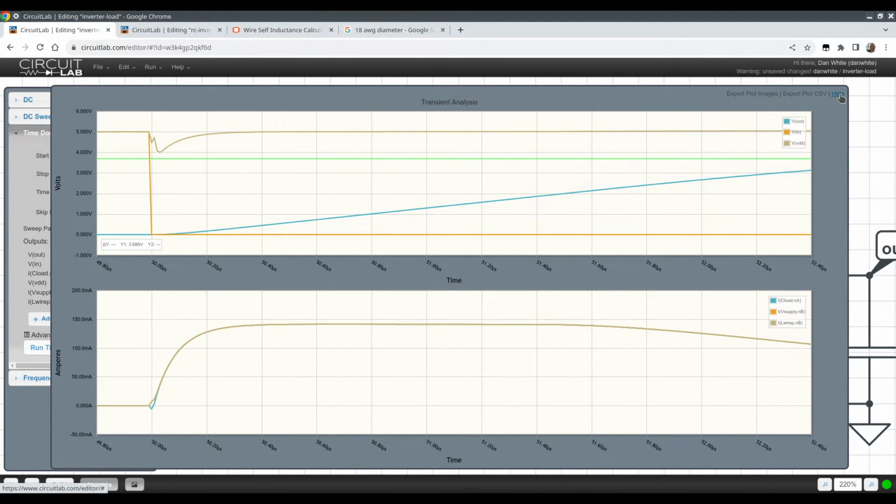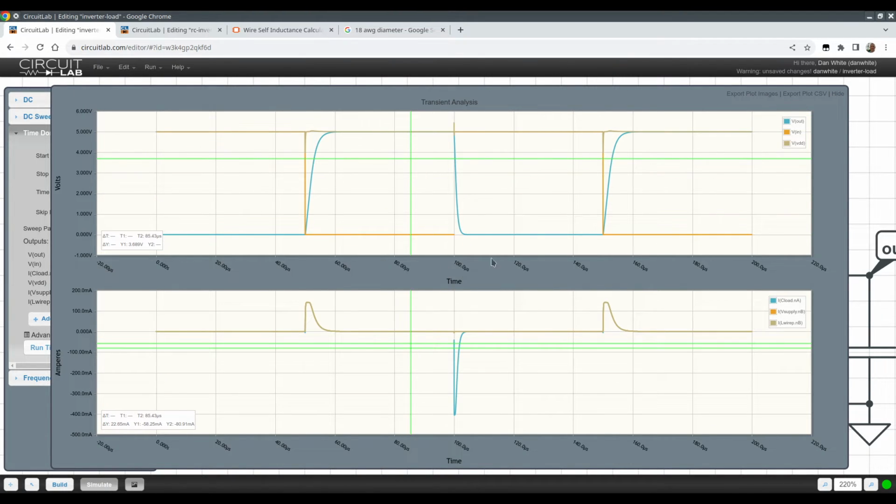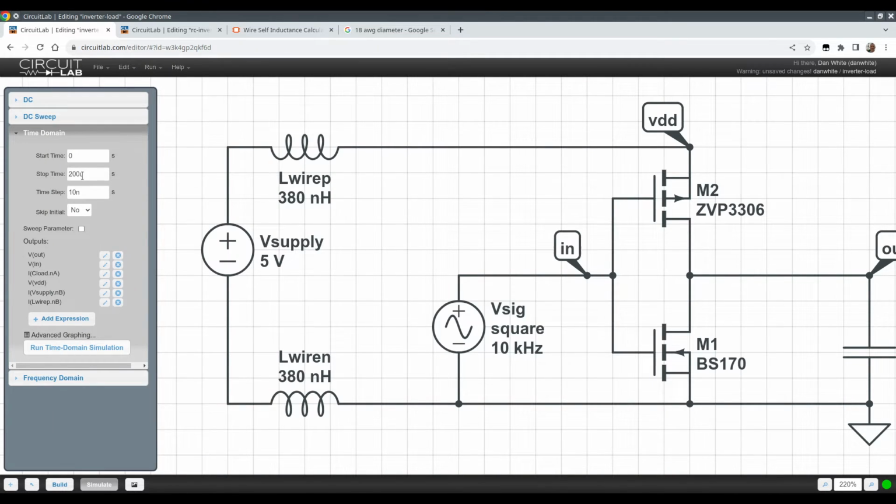I'm going to go from 0 to 100 microseconds. We're going to go down to 2 nanoseconds. Run this. This will take longer. 8 seconds to go.